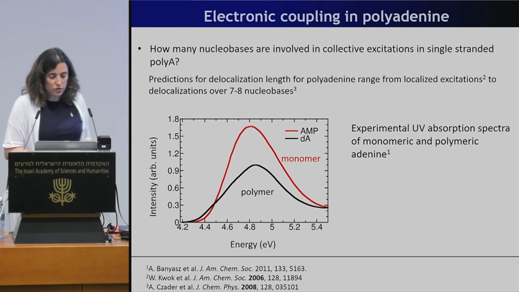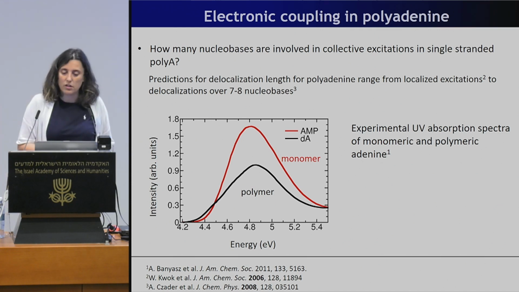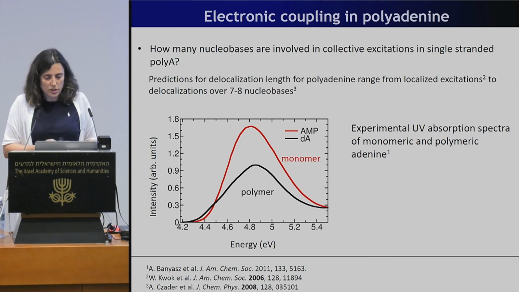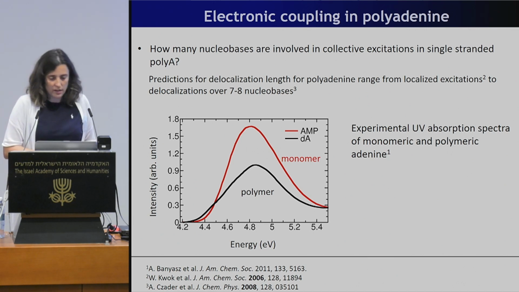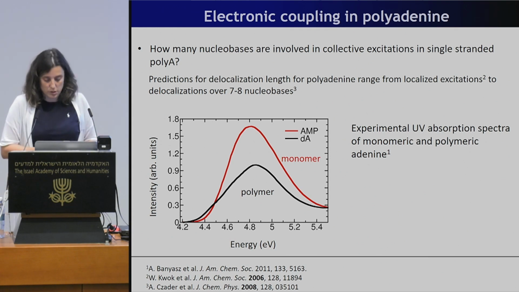I want to focus here on polyadenine. People have been wondering how many nucleobases are involved in these collective excitations in single-strand polyadenine, and the predictions cover everything. Some predict a very localized excitation, some a very delocalized one over 7 or 8 nucleobases, and everything in between.